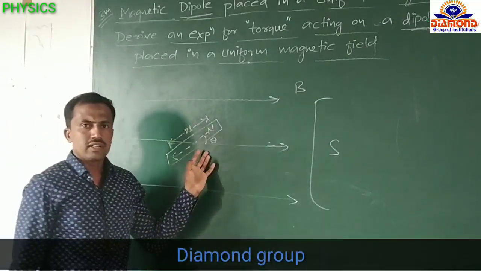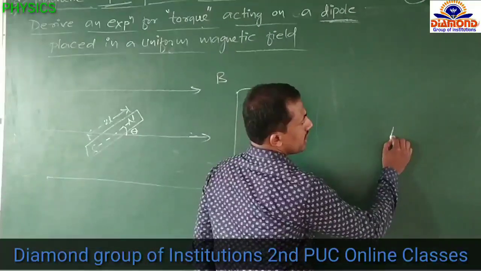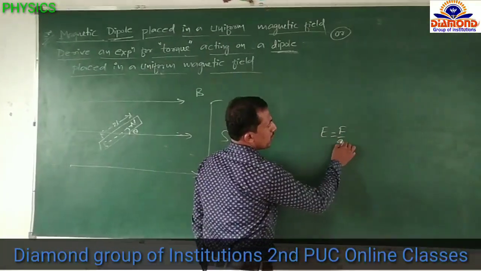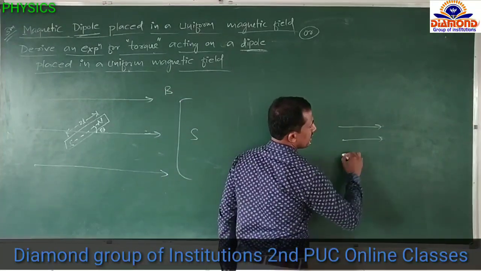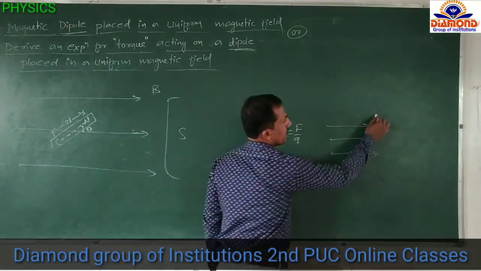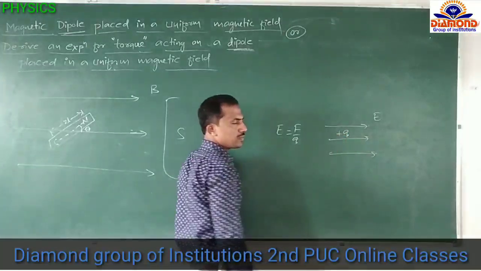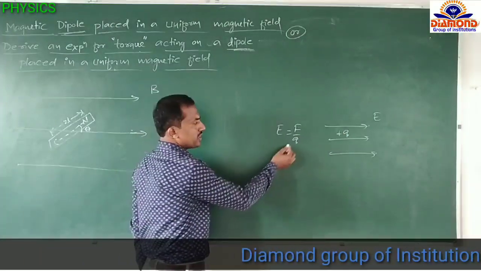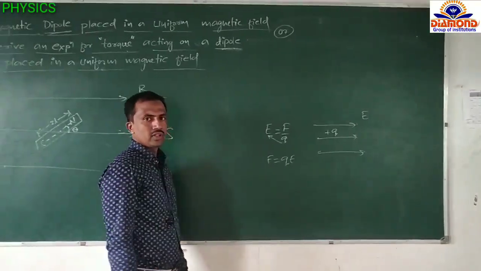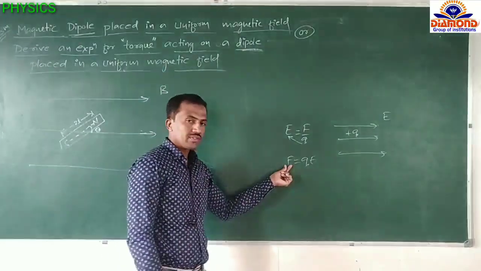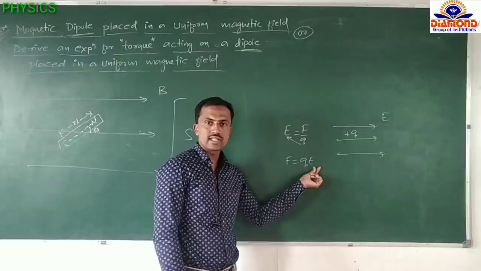In the first chapter, we discussed the electric field intensity. There is one formula, E equals F by Q. Imagine these are the electric field lines, and in these electric field lines we are placing a charge. If the charge is positive, then F equals Q into E. F means the force experienced by the charge due to the electric field.